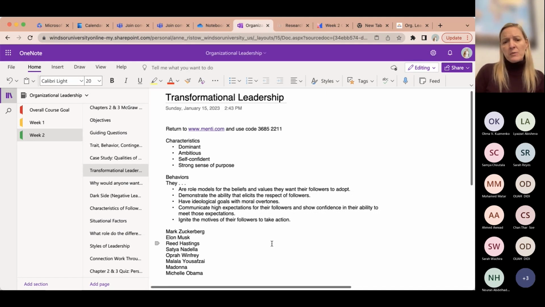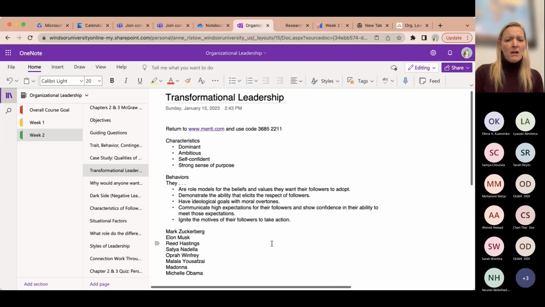And for today, with regards to our learnings in the readings and bringing our life experiences in, when we look at transformational leadership, it's pretty dominant in a way that you can't help but notice it. People are quite ambitious when they're transformational. They have that self-confidence that we spoke of as a trait earlier, and a strong sense of purpose, which drives their behaviors.